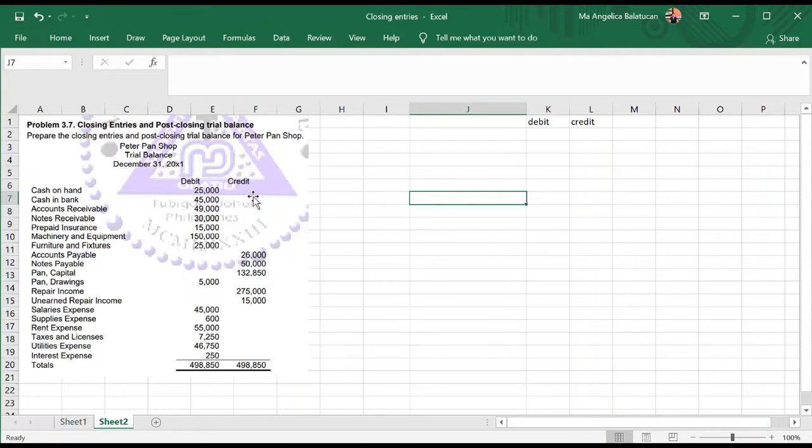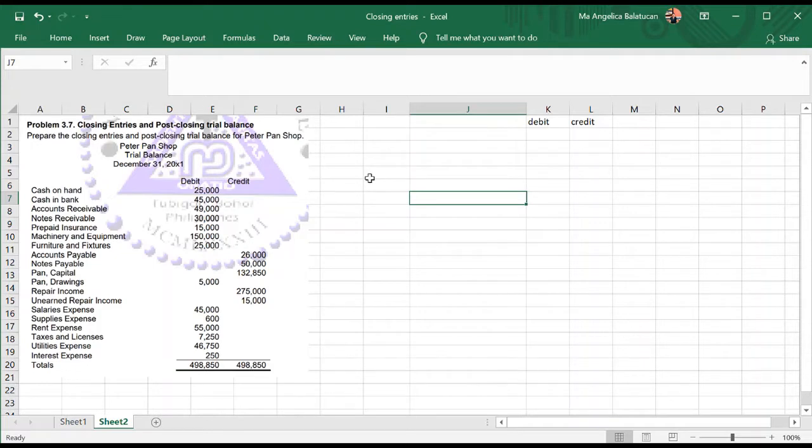The real accounts are the SFP, or the Statement of Financial Position balances. So these are the assets, liabilities, and equity. For the equity, it's only the capital account that will remain if we're talking about a sole proprietorship.